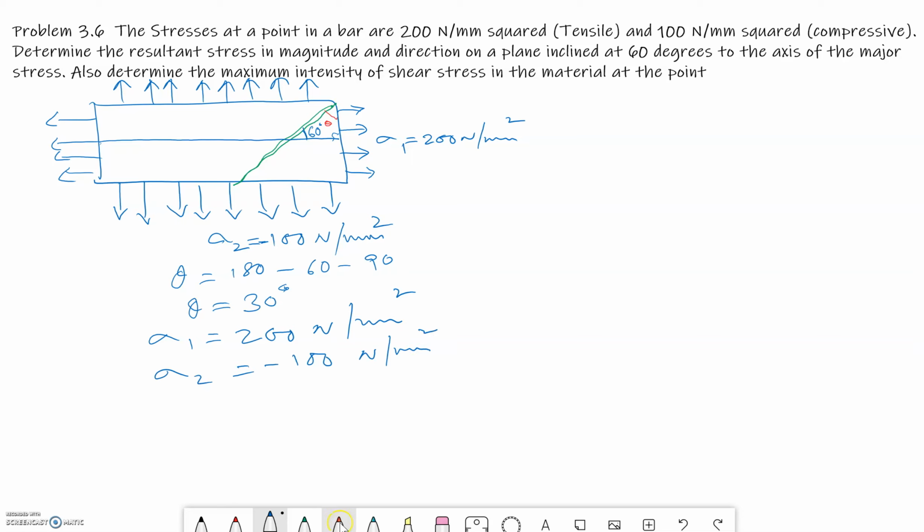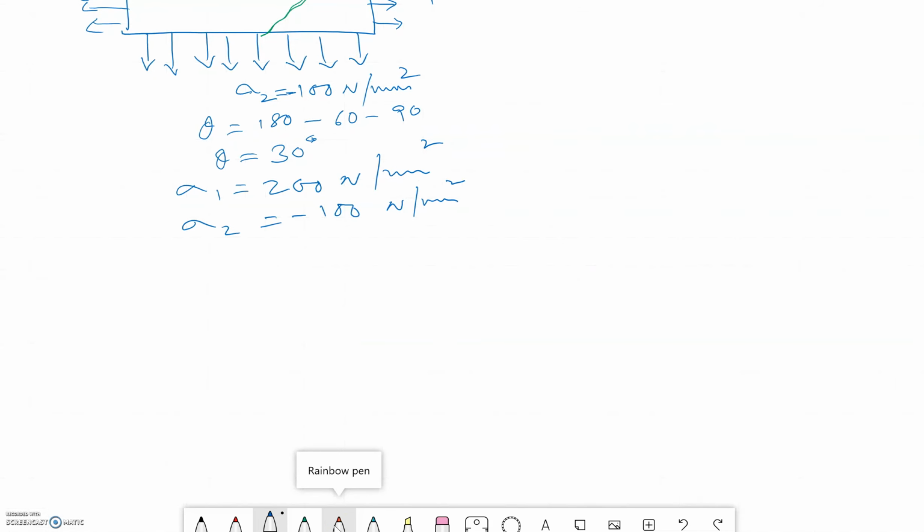Now he's asking us to find out the resultant stress in magnitude and direction on the plane. To find the resultant, we first need to find sigma n, and the formula for sigma n in this case is (sigma 1 plus sigma 2) by 2 plus (sigma 1 minus sigma 2) by 2 cos 2 theta.